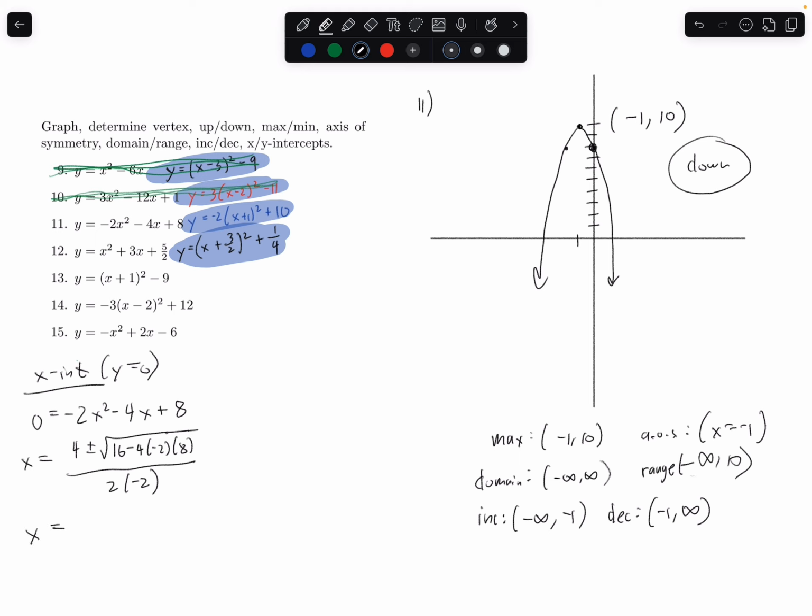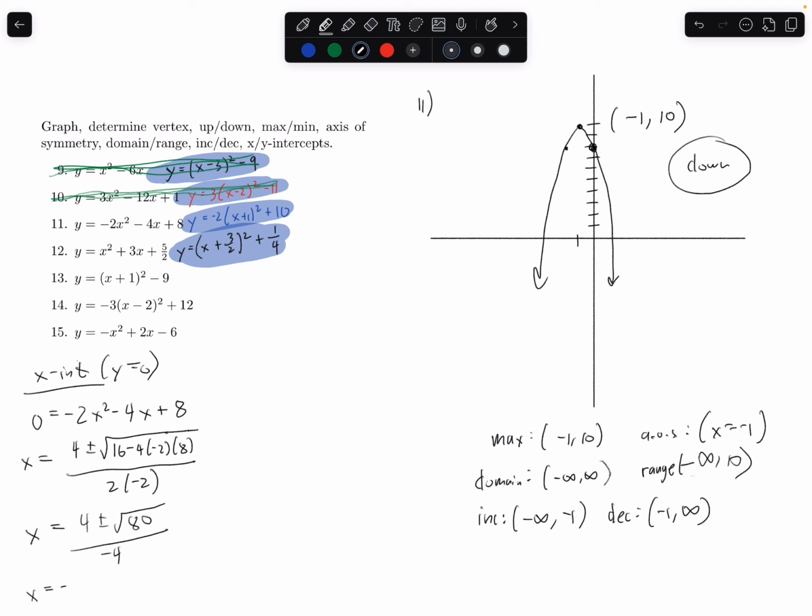Okay, and 16, this is a minus a negative, so it's going to be 16 plus that. Let's see, 2 times 4 is 8 times 8, 64. So 64 plus 16 gives me 80. So I got 4 plus or minus the square root of 80 over -4. Let's do the minus first. So 4 minus the square root of 80, divided by -4.